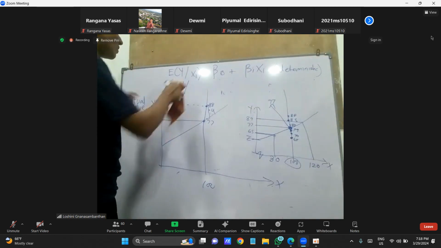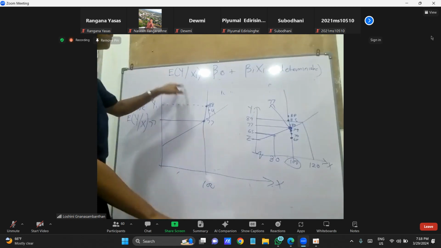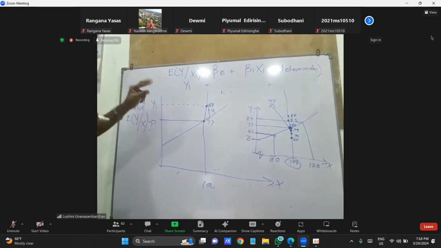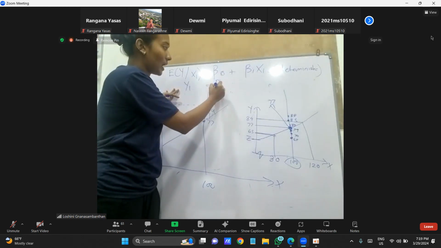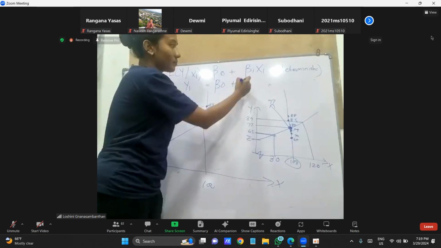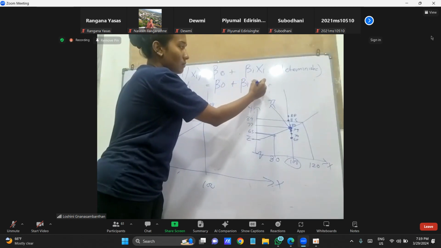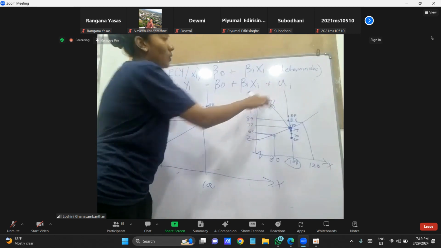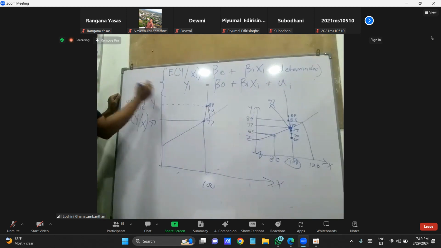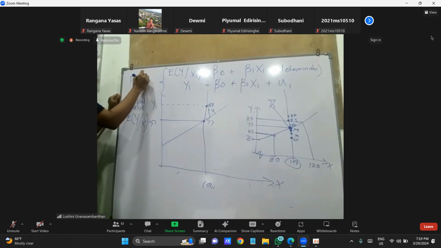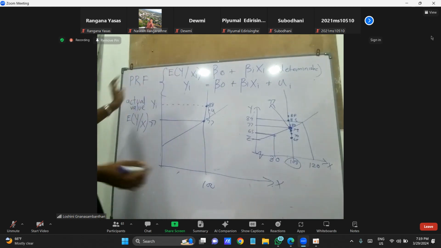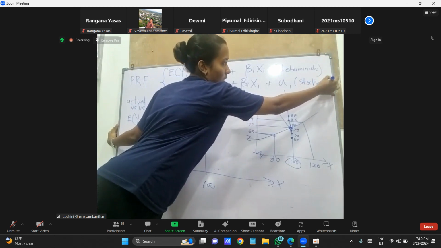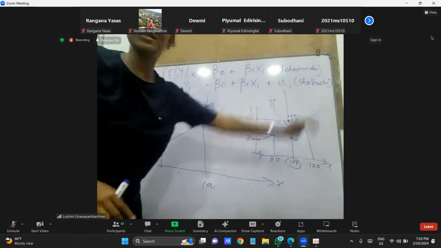If you want to write the stochastic version of this, it will now become y i equals beta naught plus beta 1 x i plus u i. Now both of these are the population regression function, but in two different versions. This is a deterministic version and this is the stochastic version.